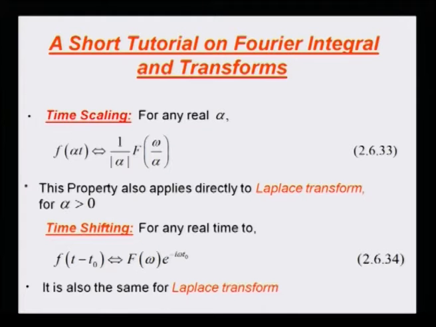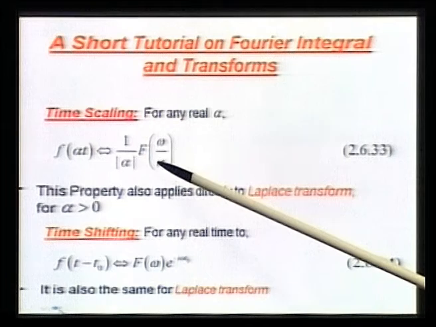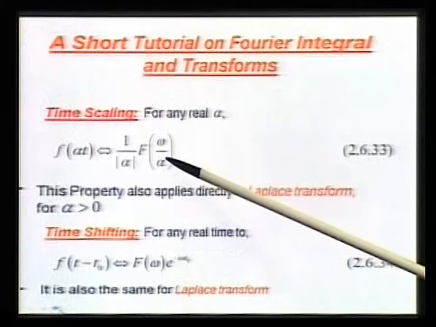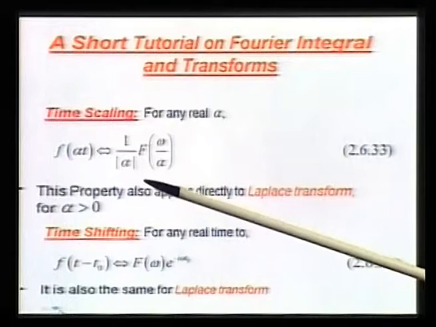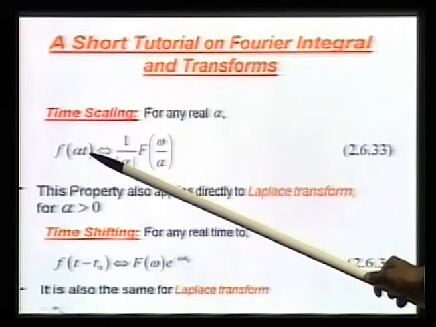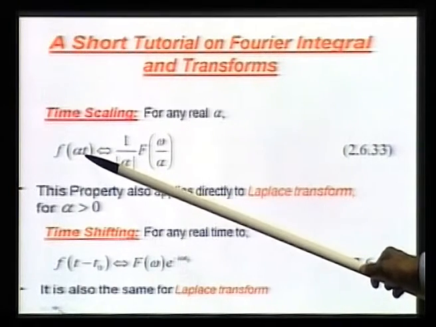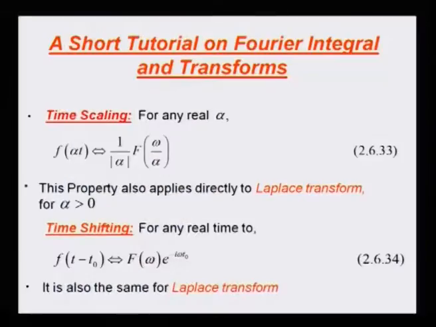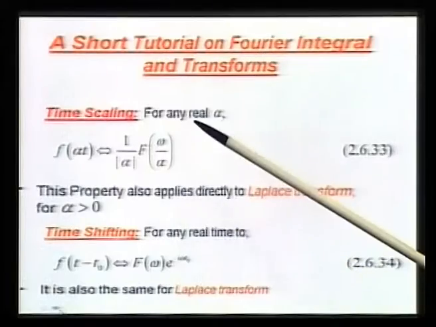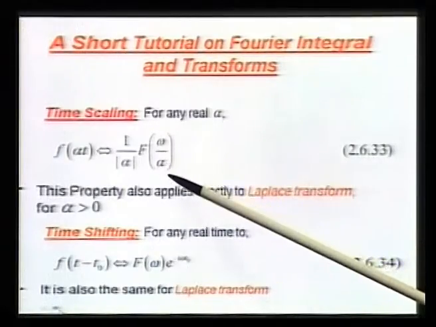Okay, we did talk about time scaling. This also directly comes from the definition of the Fourier transform. And what this is, it is that if I stretch the time, let us say alpha is more than 1, then I am taking each time and multiplying it. So, I am stretching the time, then the corresponding transform will appear like this.